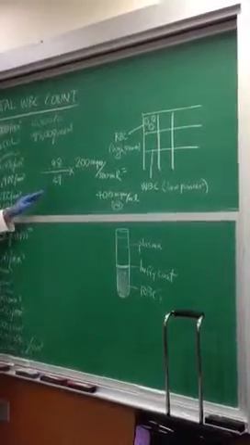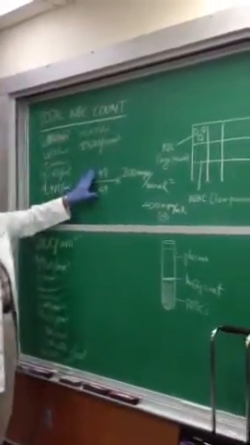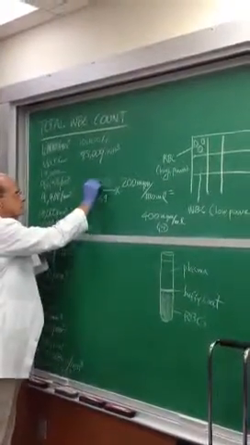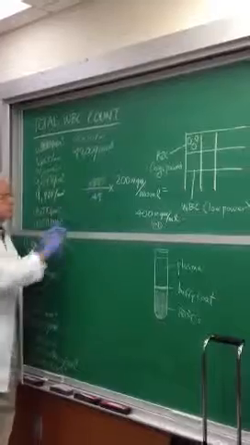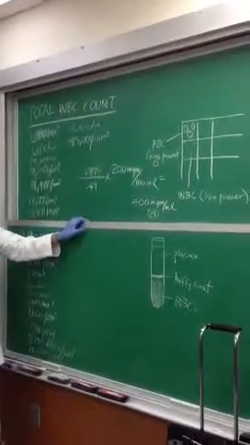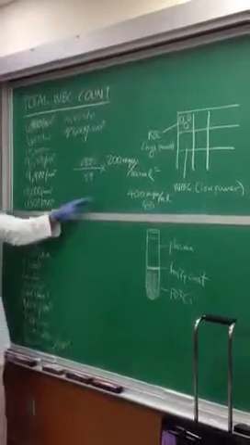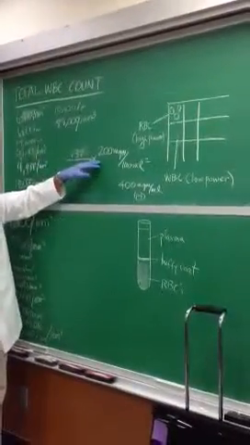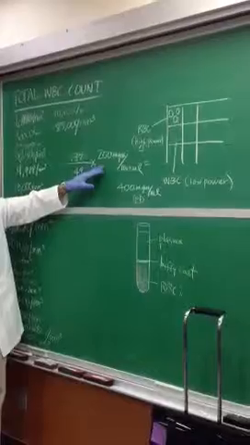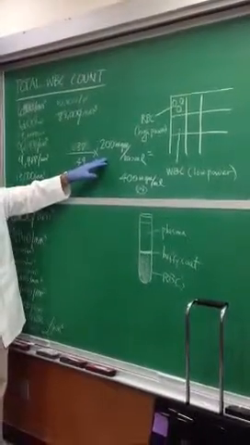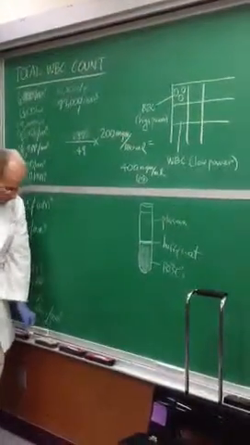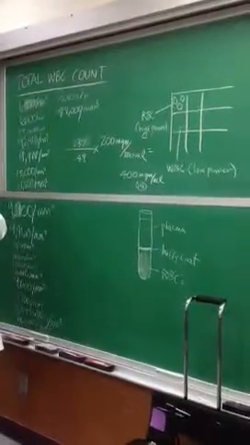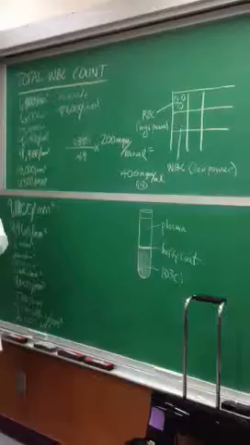Now, if the patient had been lower, the patient would be less than 200, right? You just play with the numbers, but that's how it works. You follow me? And you can do this, it doesn't have to be blood, plasma, or serum. You can do it with any solution. But that's the principle.